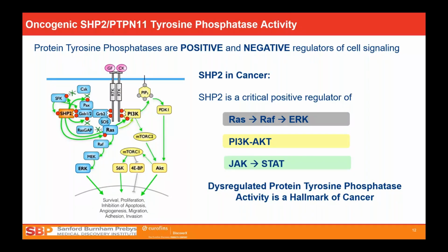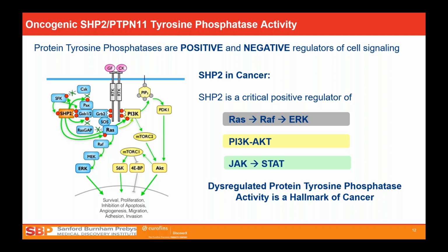So we have a program on protein tyrosine phosphatases. Protein tyrosine phosphatases are critical components of intracellular signaling. They engage directly with receptor tyrosine kinases and adapter proteins for the receptor tyrosine kinases.